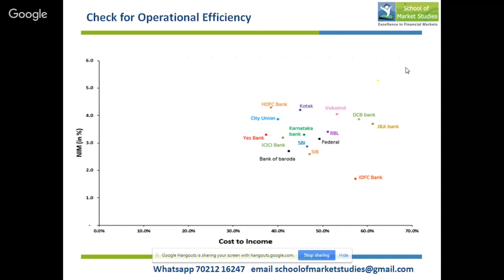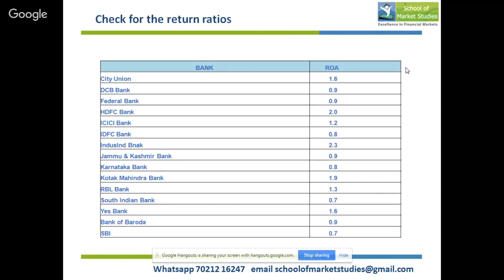Now, if we check for operating efficiency, just these two banks, City Union Bank has better metrics than RBL Bank, and if you check the return ratios, City Union Bank has a very high ROA compared to RBL, which is 1.3.